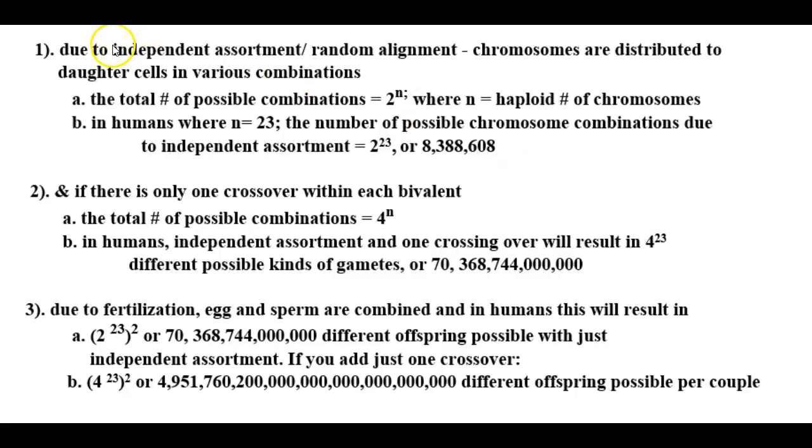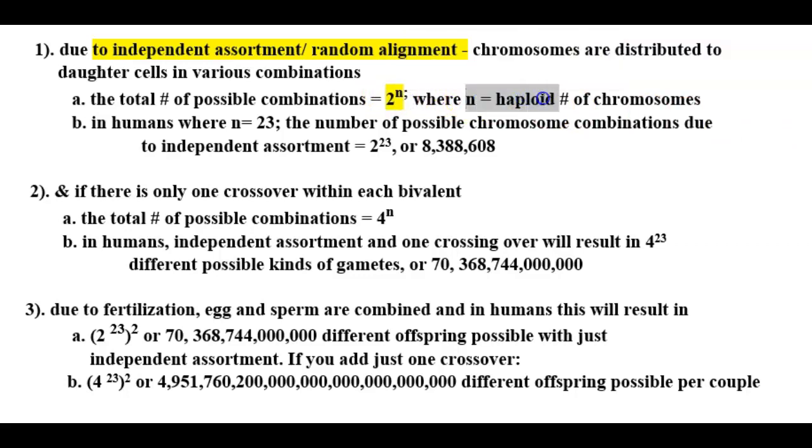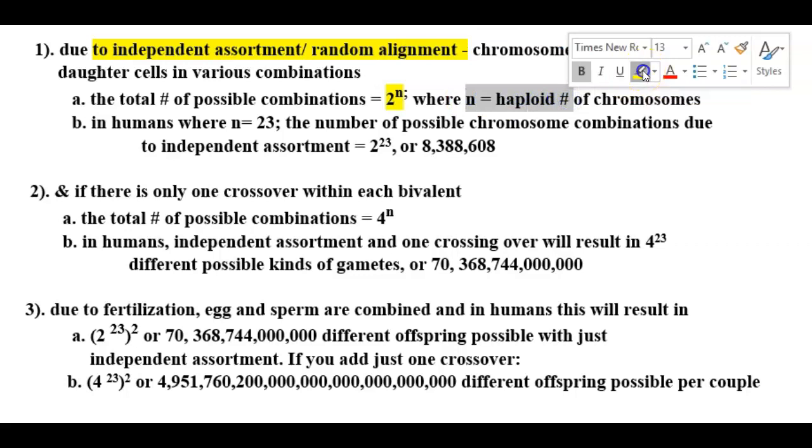Due to independent assortment, random alignment, chromosomes are distributed to daughter cells in various combinations. The total number of possible combinations is 2 to the n, where n equals the haploid number of chromosomes.